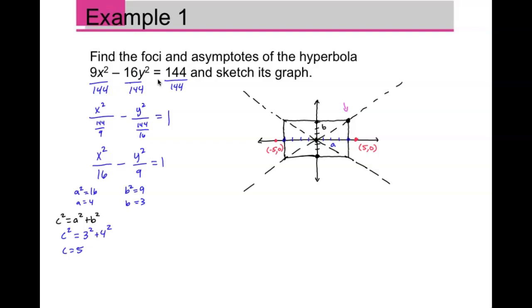So up 3 over 4. So the slope is 3/4. Meaning the equation of this asymptote is just y equals 3/4 x. Does that make sense? What's the other asymptote? That negative. Yeah, it's just the opposite. So if you do it this way, you don't have to memorize the equation of the asymptote. It's pretty easy to just develop it.